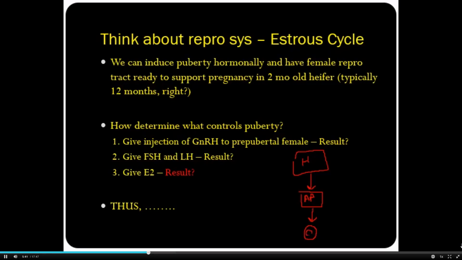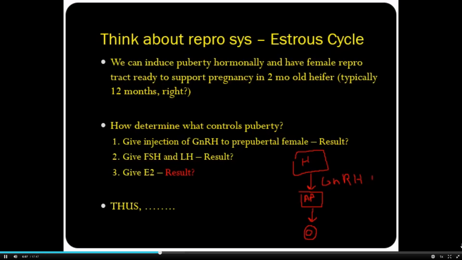I'll just put an O for ovary. So what we're looking at is trying to determine what is that switch in puberty. And so what the researchers did is they took a 2-month-old calf and they gave a shot of GnRH. So what they're doing essentially is simulating the GnRH surge, or GnRH release here.